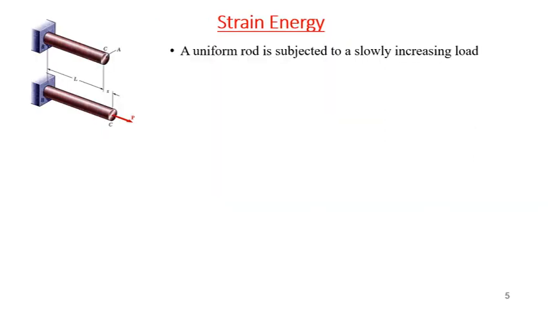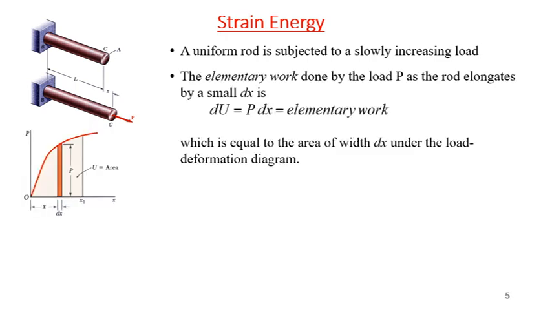Okay. Now before that, a small concept. Suppose you have a uniform rod subjected to a slowly increased load. Slowly means we are keeping it in a static equilibrium condition. Now what is happening when we apply load? The length of the rod changes, and the length increases by an amount x, right?